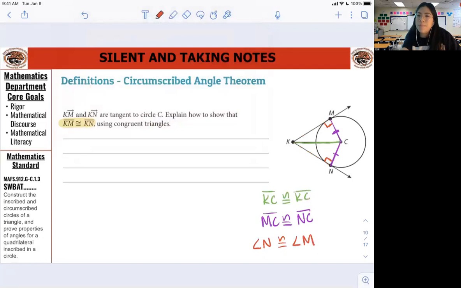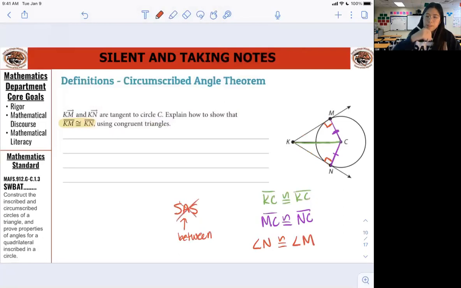Think about it. I'm not going to reveal the answer yet. Yeah, why is it not side angle side? Right, because if it was SAS, the angle would have to be in between.